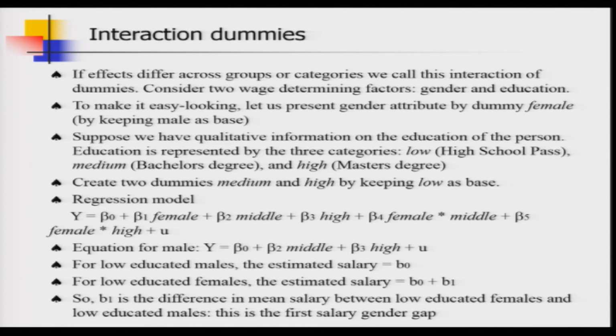So the values of these two dummy variables middle and high will also take 0 value. So basically we will end up getting only the intercept term. So for low educated males the estimated salary is basically the estimated value of the intercept, which is B naught.